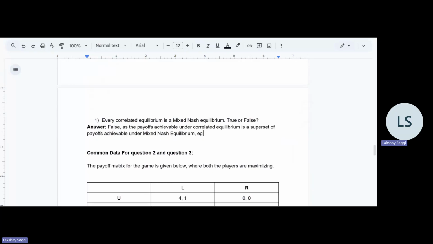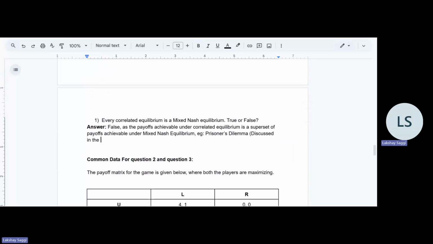For an example, the prisoner's dilemma. This was discussed in the lectures, so I won't be discussing it again, but you can see it in the lectures itself. So the answer to this is false. But the other statement would have been true: every mixed Nash equilibrium is a correlated equilibrium, because mixed Nash equilibrium is a subset of correlated equilibrium.